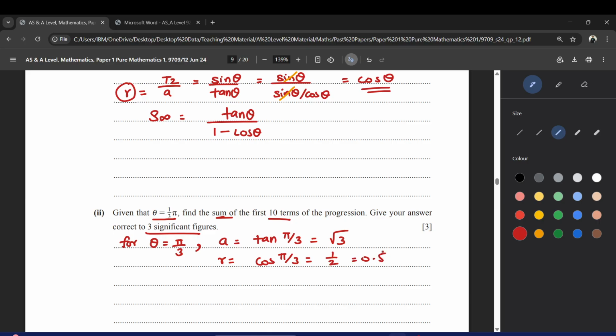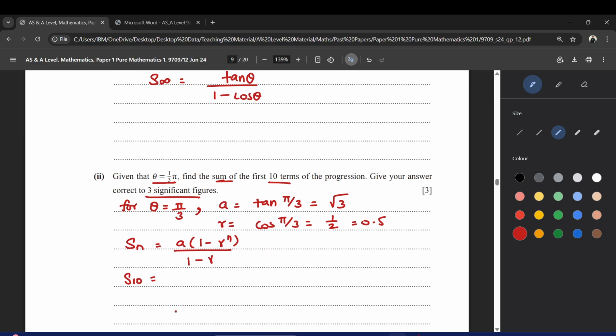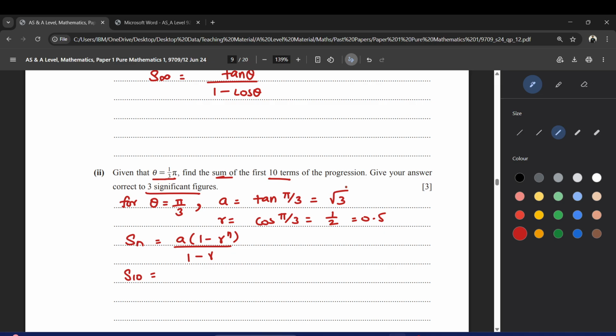Now, in order to use the formula for the sum of a geometric progression, we have a times 1 minus r to the power n over 1 minus r. So the sum of the first 10 terms can be worked out by plugging in the value of a, which is root 3, times 1 minus 0.5 to the power of 10, divided by 1 minus 0.5.